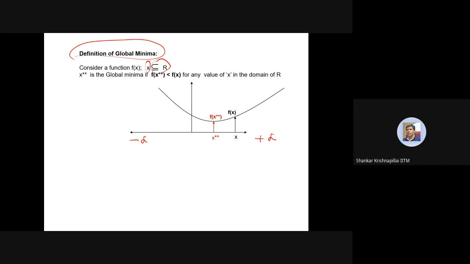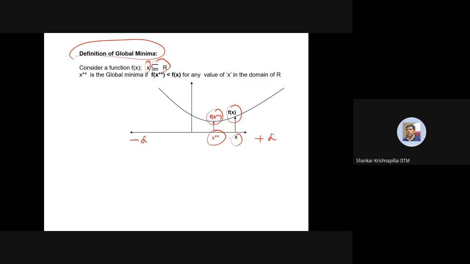That is the meaning of x being a subset of real numbers. Then x double star is said to be a global minima if f of x double star is lesser than any value of f of x within the range of minus infinity to plus infinity.